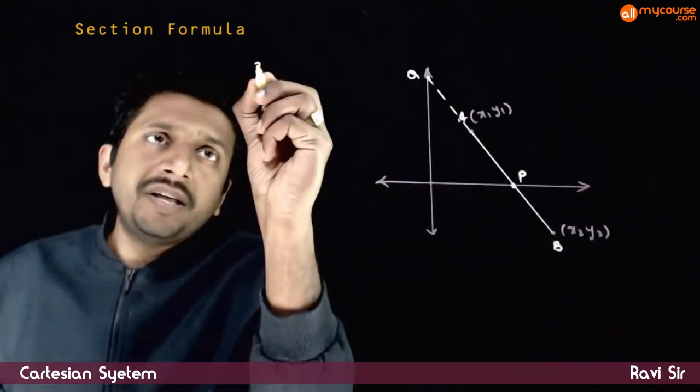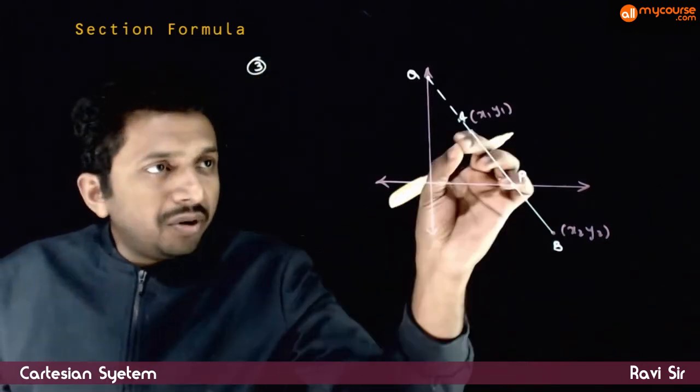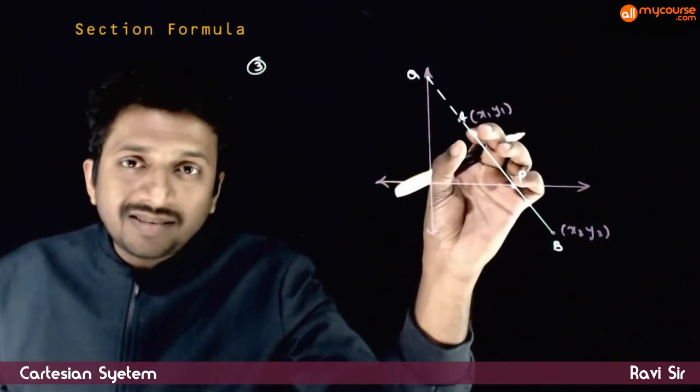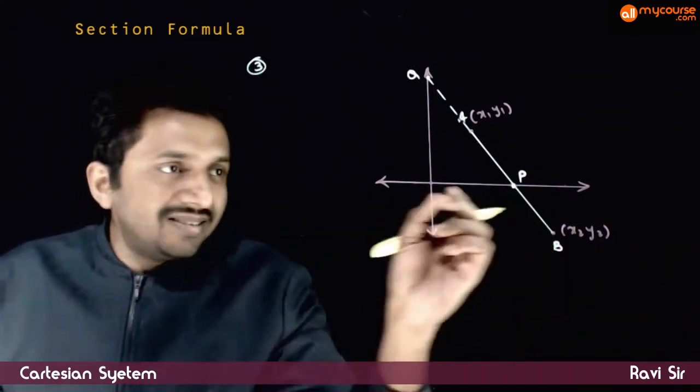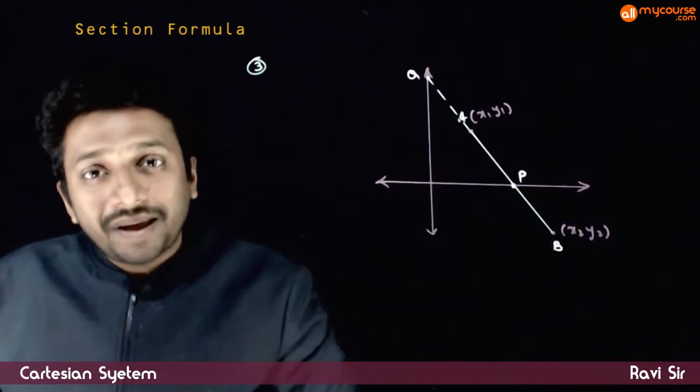Now the third point is the ratio in which the line segment joining x1, y1 and x2, y2 is divided by x-axis.